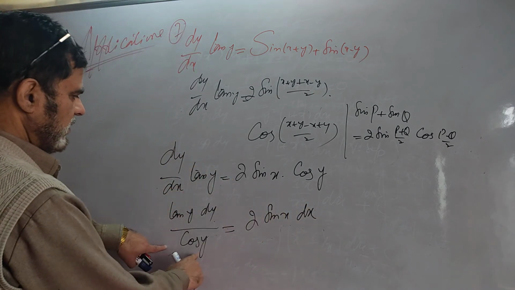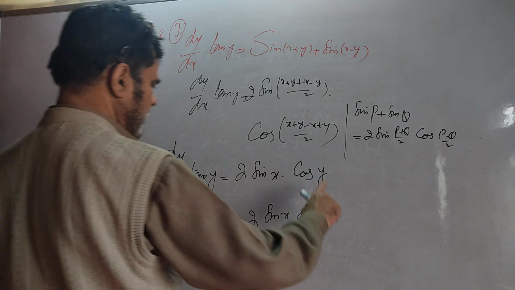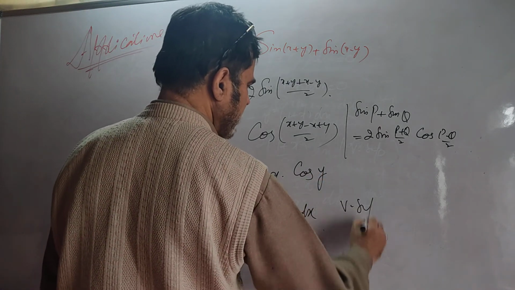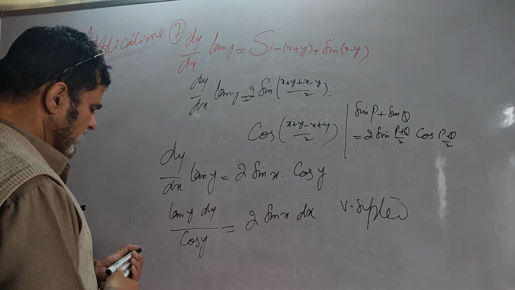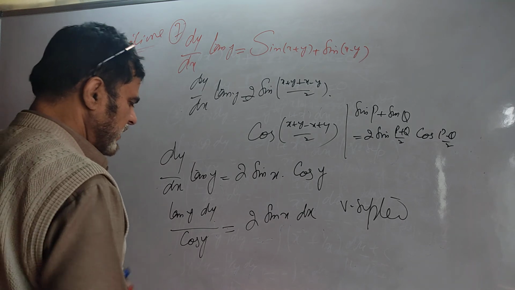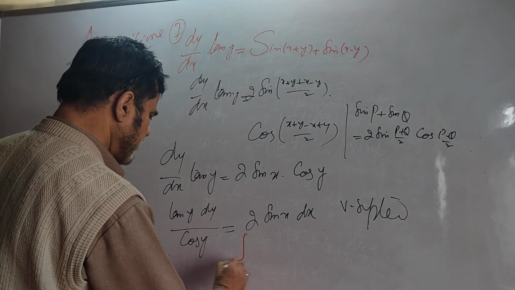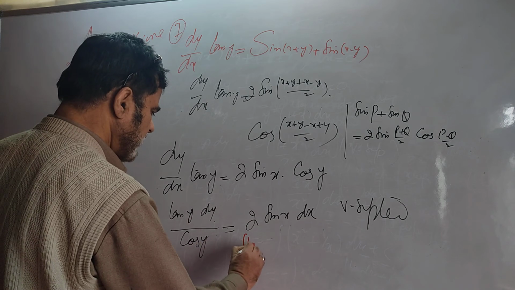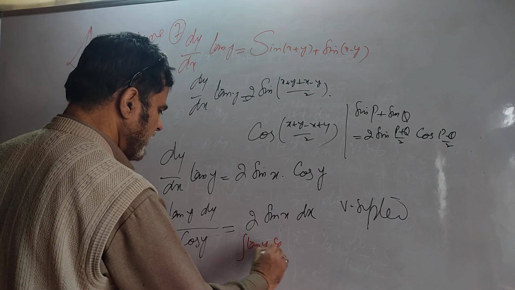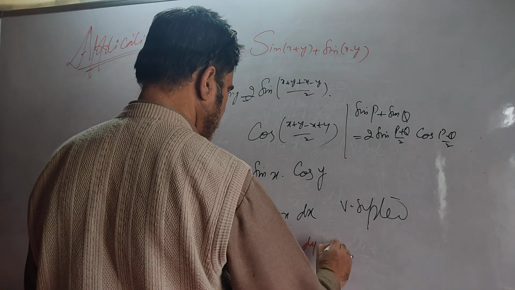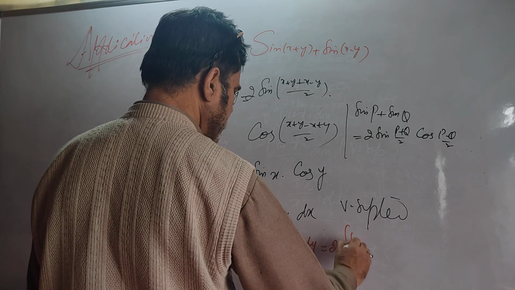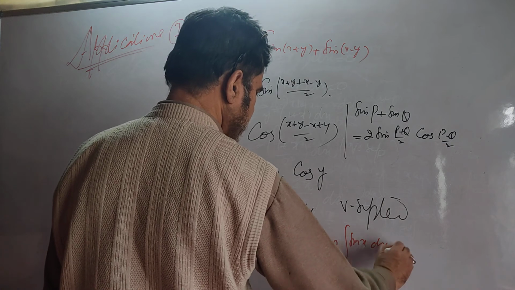Cos y goes down to here, sin x dx goes here. Variables separated. So variables got separated. What is this integral? Well, this is your integral of 1 by cos y, tan y sec y dy is equal to twice integral of sin x dx plus c.